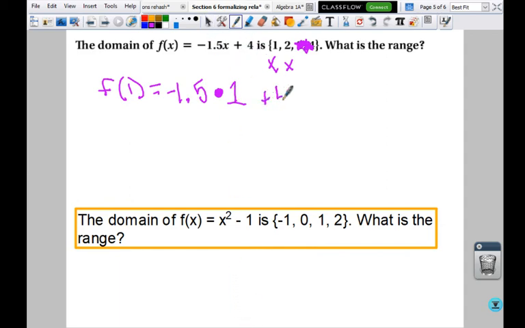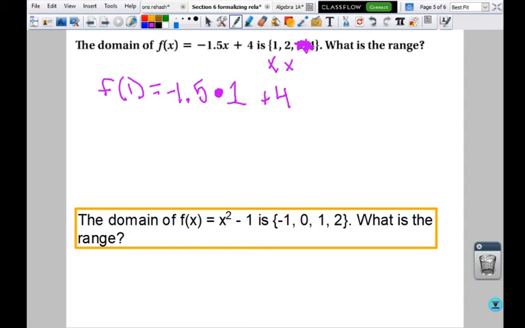Now that I got it written down, we're just going to plug this whole thing into Desmos. Unless you can do negative 1.5 times 1 plus 4 in your head, which is possible, but probably not, just because it's got that stupid decimal in there. They're annoying. So let me grab Desmos real quick so I can plug it in.